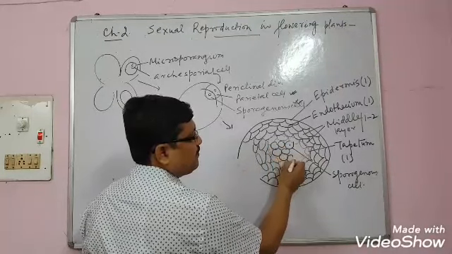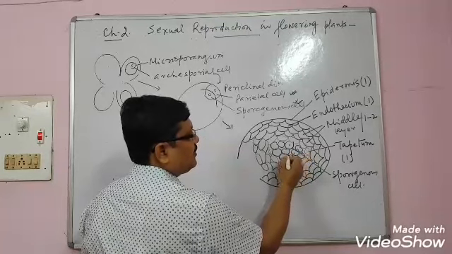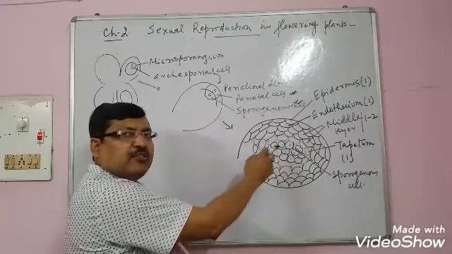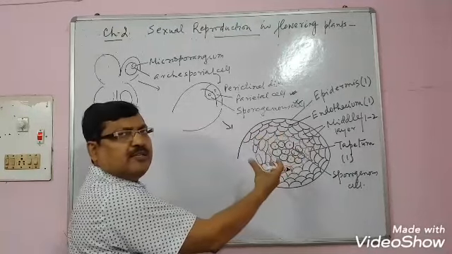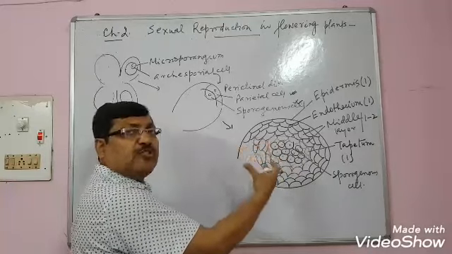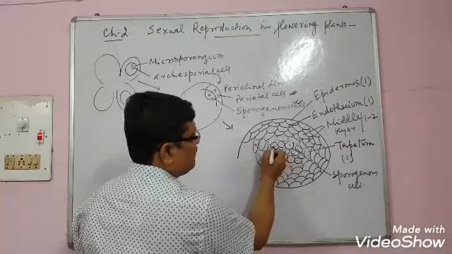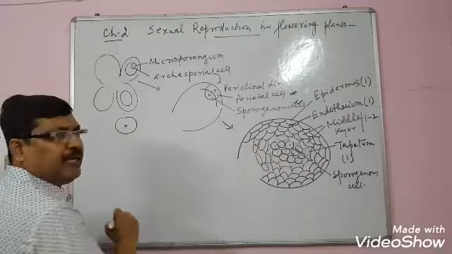It will divide mitotically to form a number of sporogenous cells, meaning it will form a sporogenous tissue. Just assume this is a single sporogenous cell.